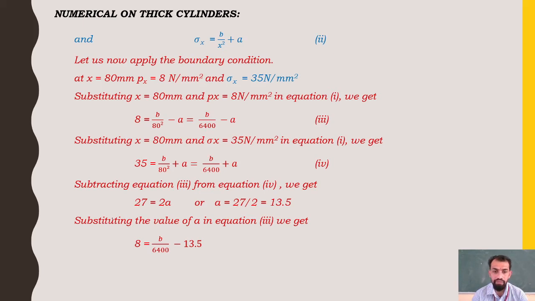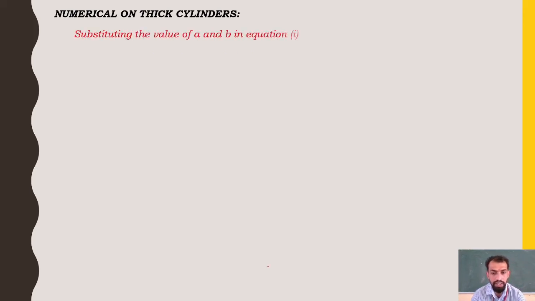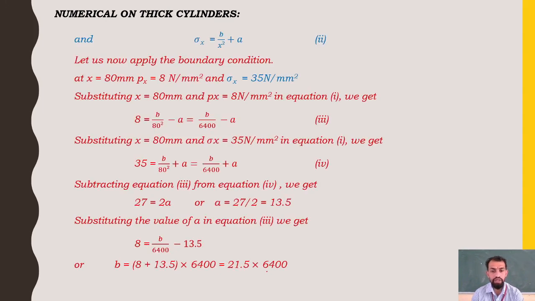Substituting the value of a in equation 3, we get 8 is equal to b by 6400 minus 13.5, so b is equal to (8 plus 13.5) multiplied by 6400. So that value we are able to find here.